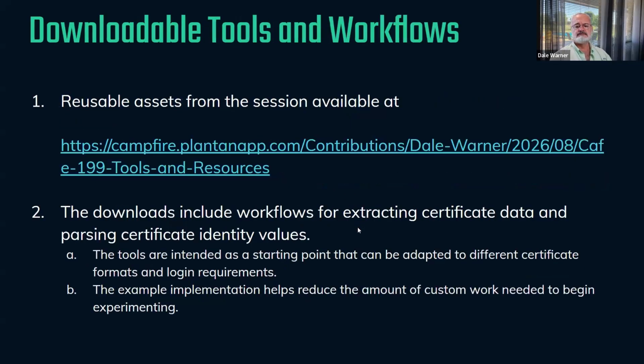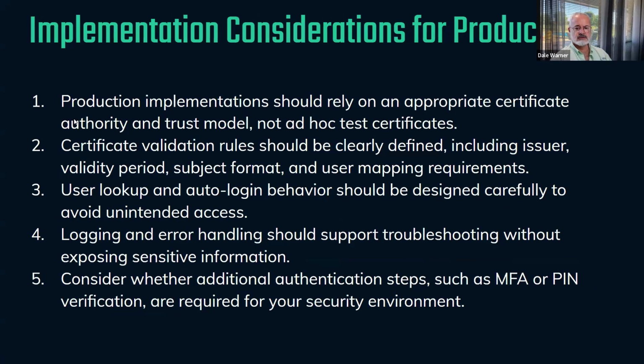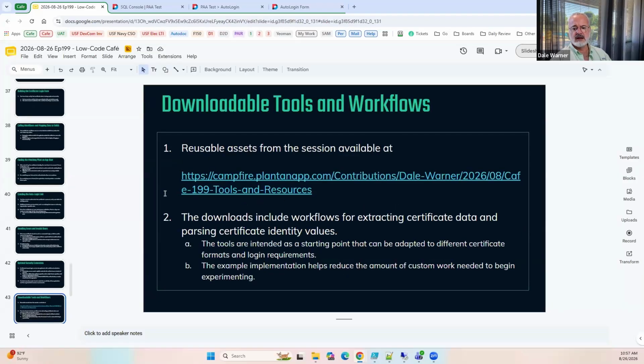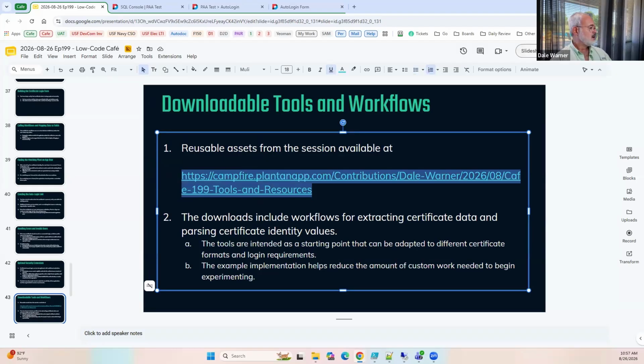So that's that. I put it on the chat before, but I'm not sure if anybody who's joined late has that. So I'm going to add it one more time in chat. These are available on our Campfire website, so you get that ability to self-sign.